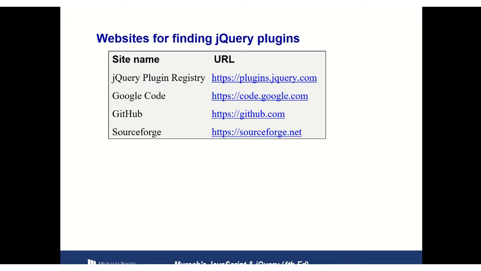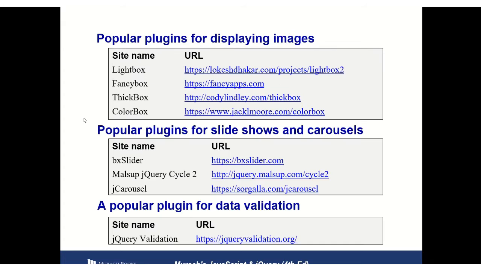Let's say the jQuery plugin registry, which is the official jQuery plugin site. Then you have Google Code, or the GitHub page, or you can get it from SourceForge. These are basically reliable resources for downloading jQuery plugins.